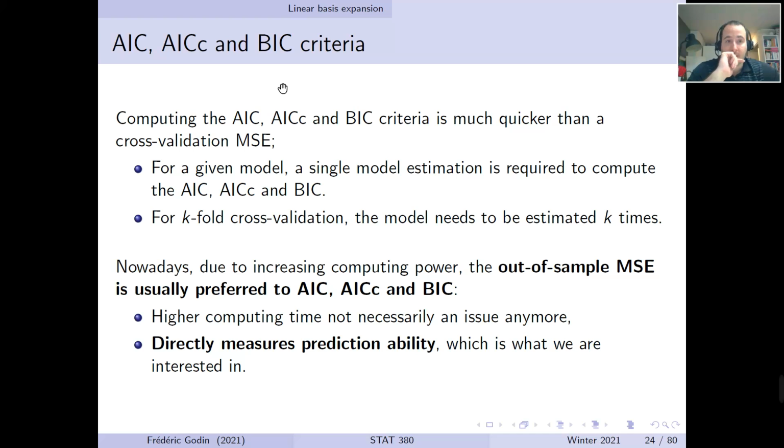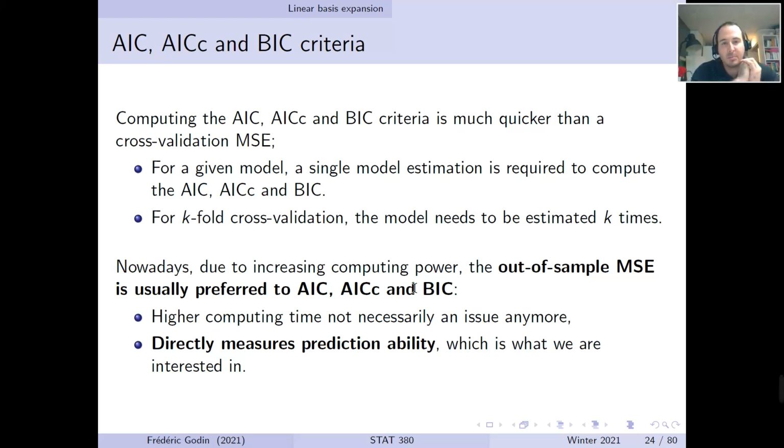So nowadays, in recent machine learning approaches, out of sample mean square error is often preferred to AIC, AICC, and BIC because computing time becomes less and less an issue, in the sense that standalone computers are more powerful and there's more technology to aggregate the computing power of many machines at the same time.